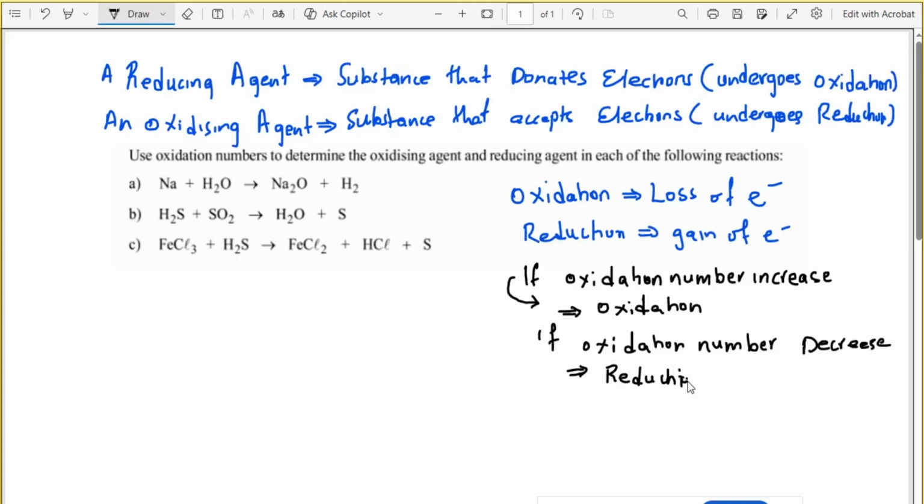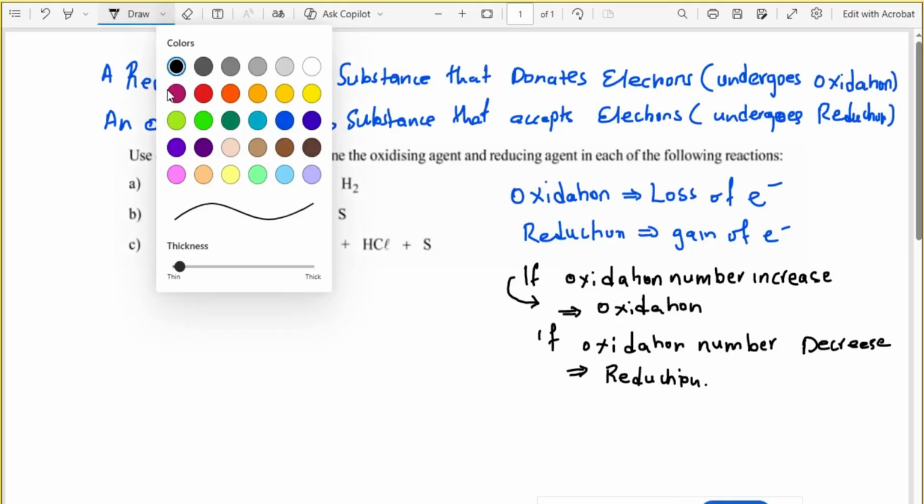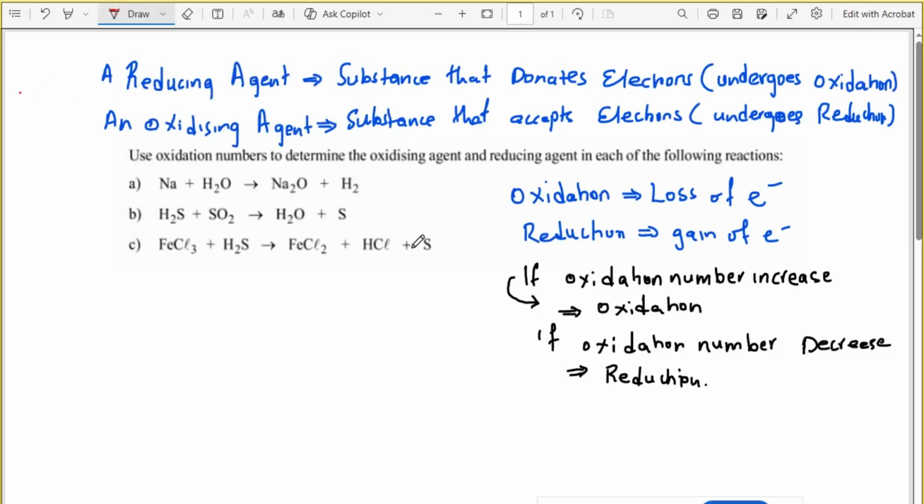Let's read the question now. But before this question, I want to give you maybe one example that we can do. Let's say I'm given magnesium that reacts with bromide. Okay, so look at this. And then let's say these two form MgBr.